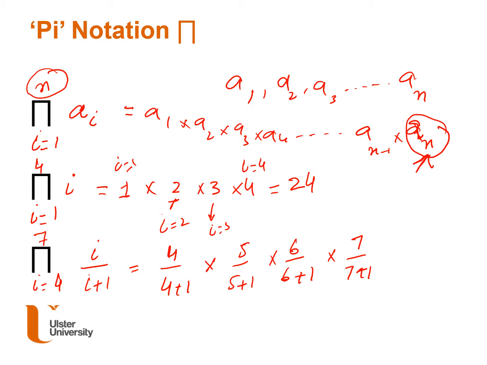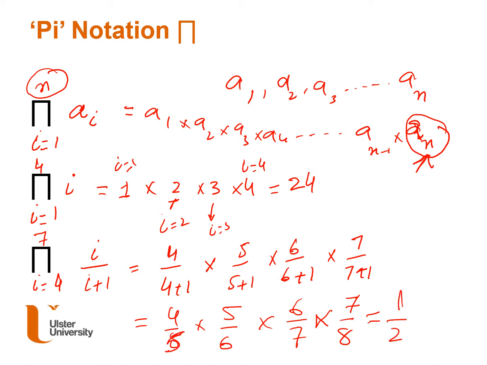Once we simplify them, we get 4 over 5 multiplied by 5 over 6 multiplied by 6 over 7 multiplied by 7 over 8. And once we simplify them, we're going to get 1 over 2. Just a thing to remember, i is starting with 4, so we will have the first term as 4, and the last term is 7, so we need to stop at 7.